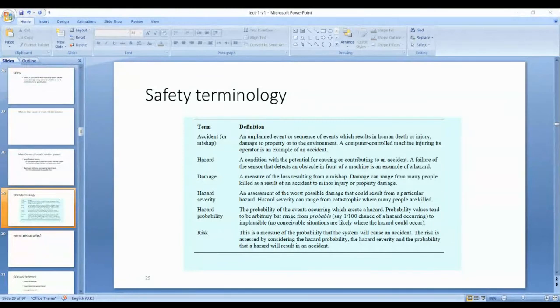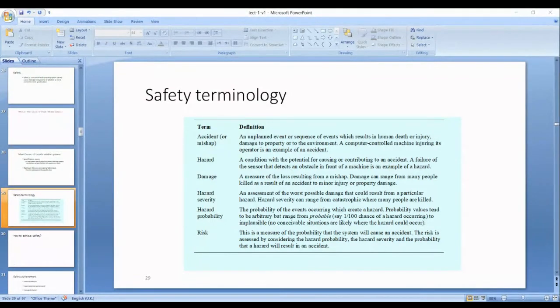That can cause an accident. That can result into an accident. Or software was not able to calculate properly and it can result into an accident.